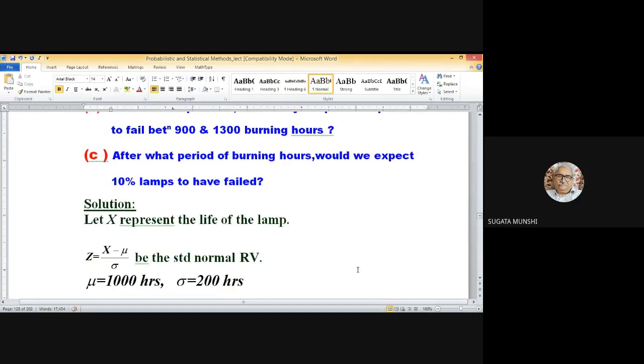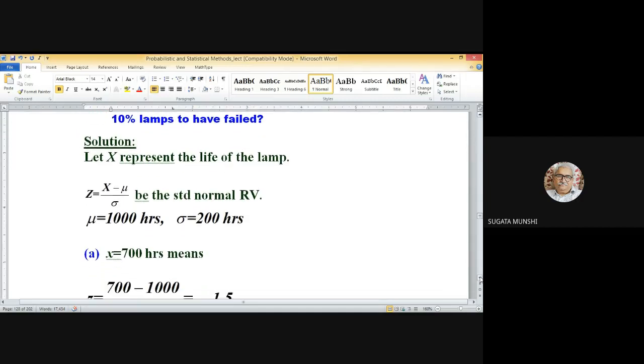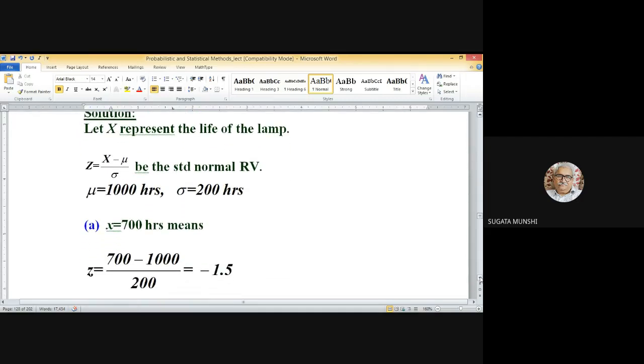That's what you have to find out. Capital X less than or equal to 700 means Z is coming as minus 3 by 2. That's what Z will come out as, minus 1.5, isn't it?